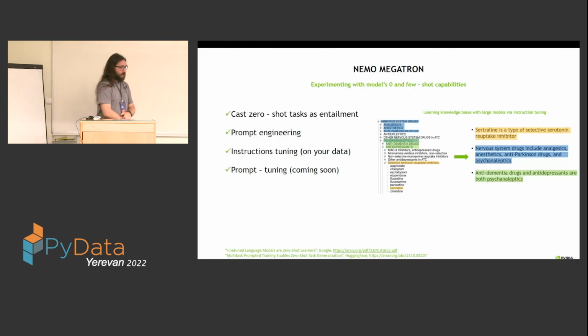So then, what else can you do with these large language models? What you saw there is called entailment. It is how to cast zero-shot tasks. You can do prompt engineering, for example.